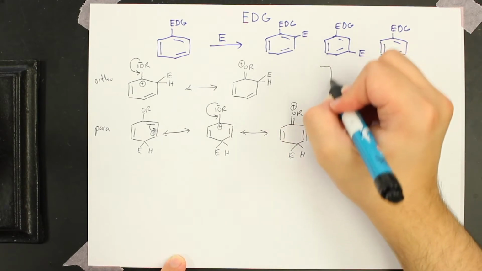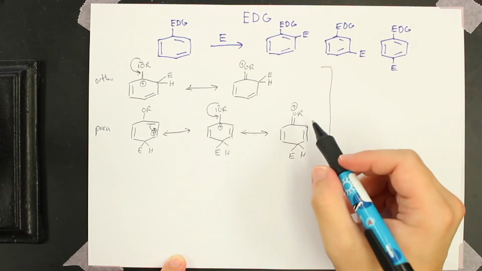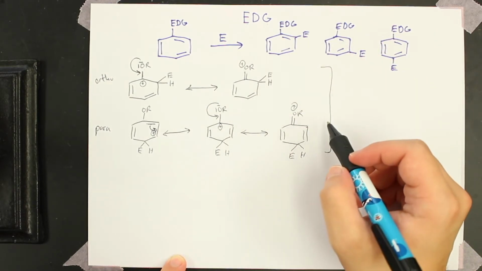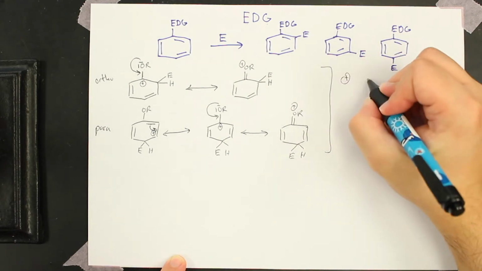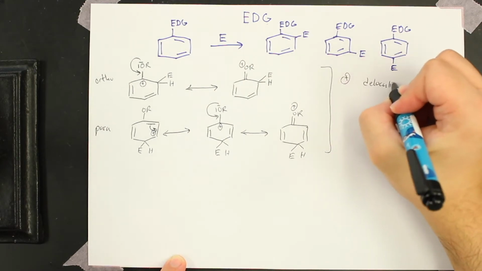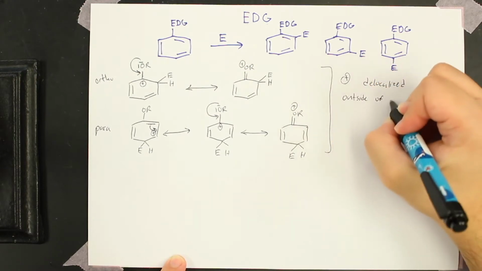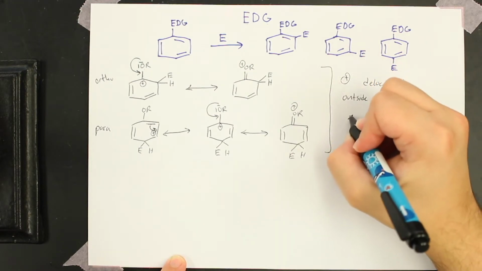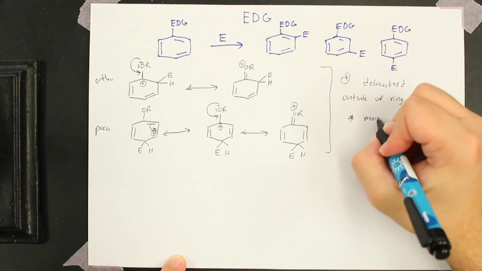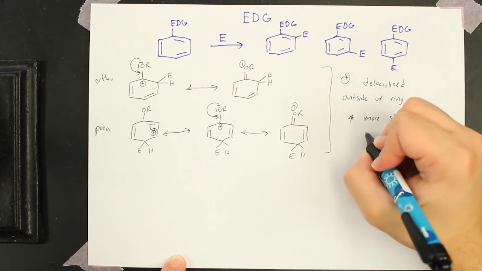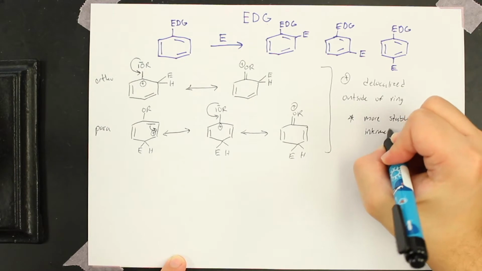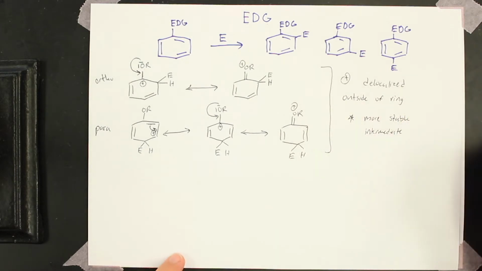So in these two instances, the resonance structures show that the positive charge is delocalized outside of the ring. The consequence is that this is a more stable intermediate. It has a lower activation energy barrier.